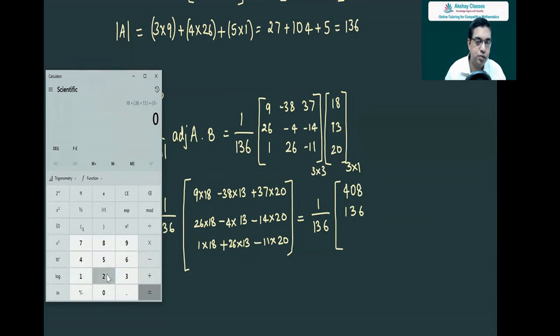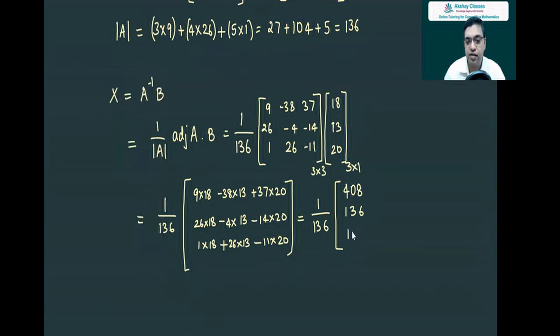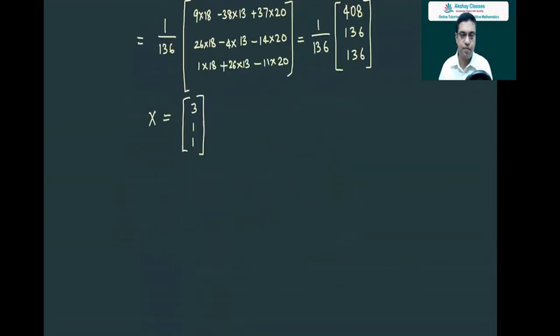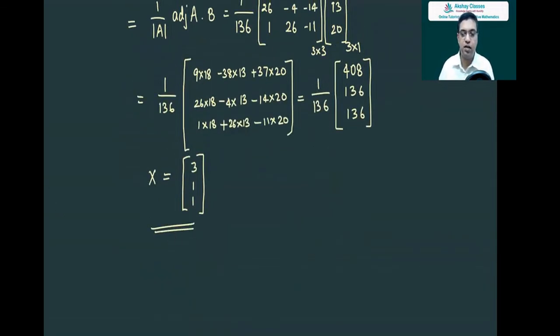So again 136 and 408. 36 into 3 is 108. So 136 divides 408 3 times. So X value we get is 3, 1, 1. So this is our solution.